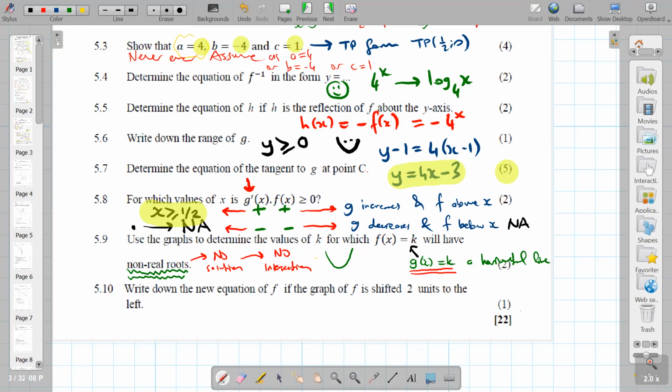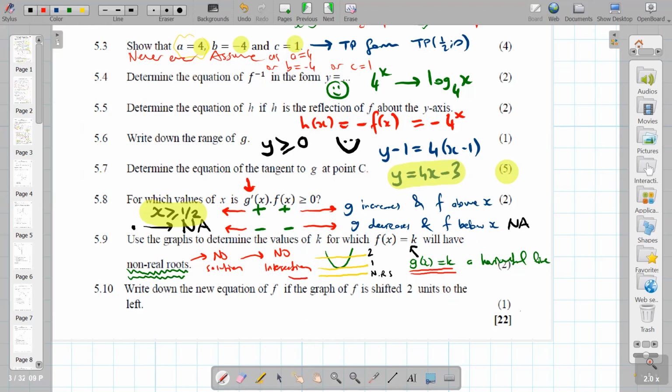We can draw a horizontal line which cuts twice, or which touches only once, or the one we are looking for, a horizontal line which doesn't touch, which does not intersect. So that's two solutions, that's one solution, and that's no real solution, let's say NRS. And that's what we are looking for from the graph.